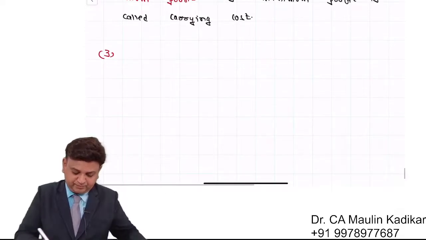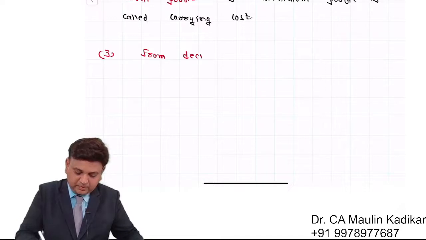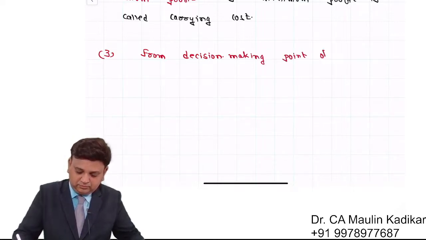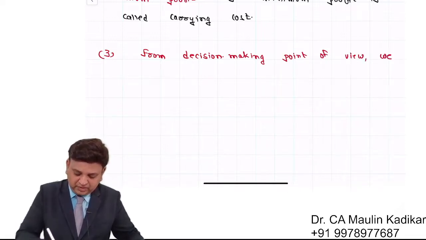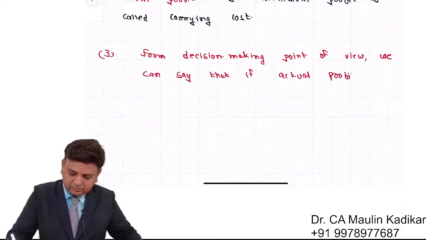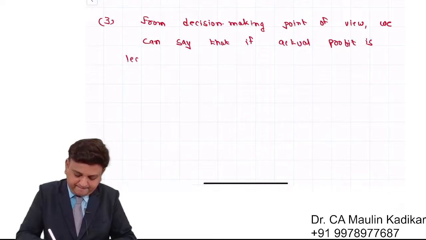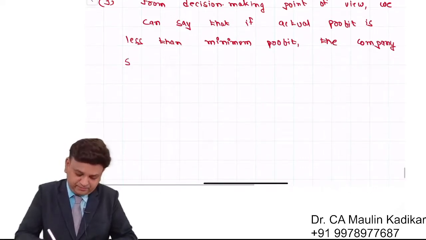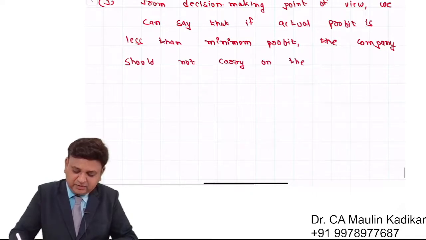Third point, from the decision making point of view, we can say that if actual profit is less than minimum profit, the company should not carry on the business.